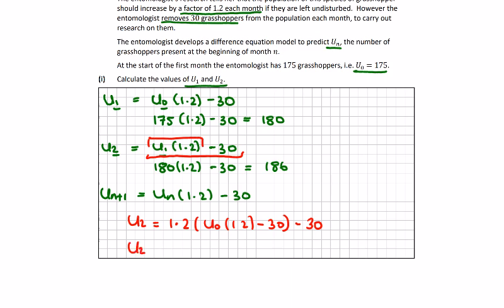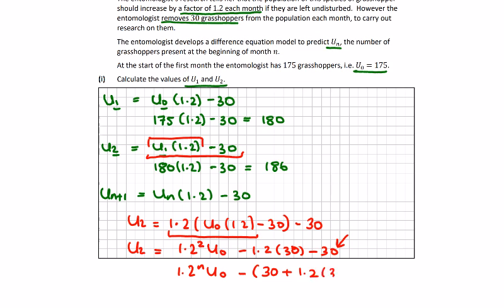So U2 in this case would be equal to 1.2 squared times U0 minus 1.2 times 30 minus 30, and this is the difference equation, 1.2 to the power of n times U0 minus, outside the bracket, and if we reverse the sequence starting with 30, we'll have 30 plus 1.2 times 30 in this case, and this will keep getting extended out into 1.2 to the power 2 will be next, and then 1.2 to the power 3, all times 30.